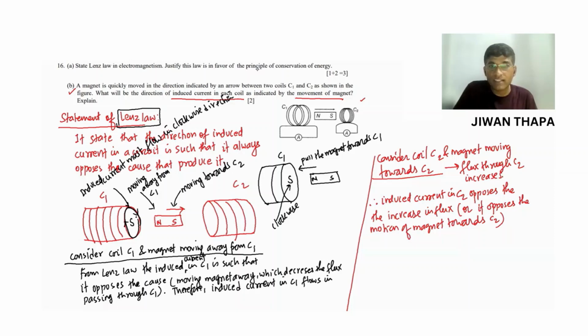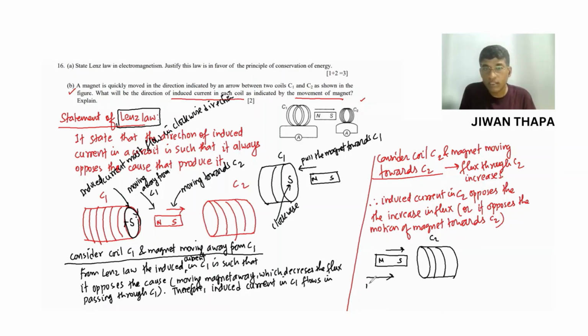So what do we find? We find that when we move the magnet towards C2, then the induced current opposes this motion. It opposes the inward motion.